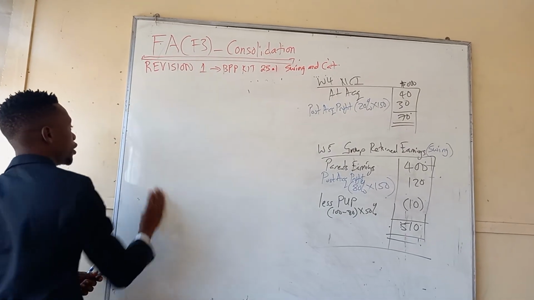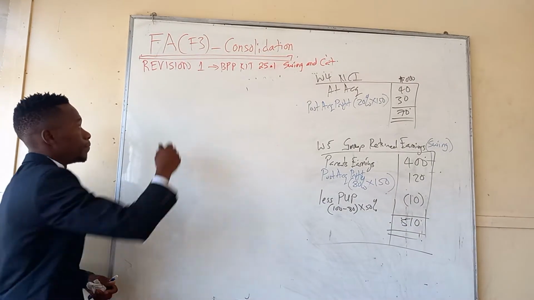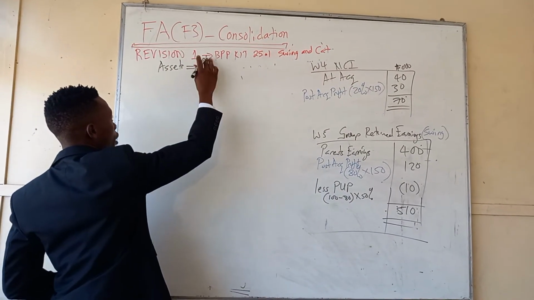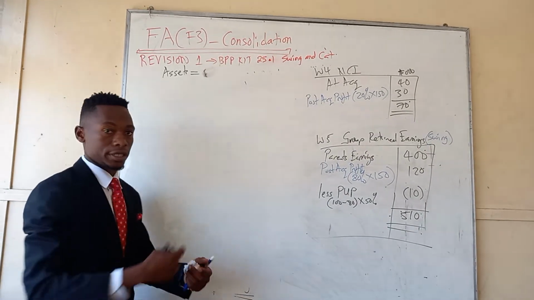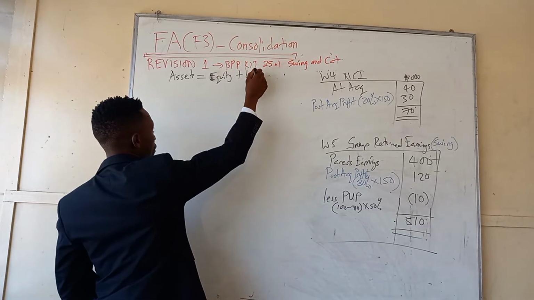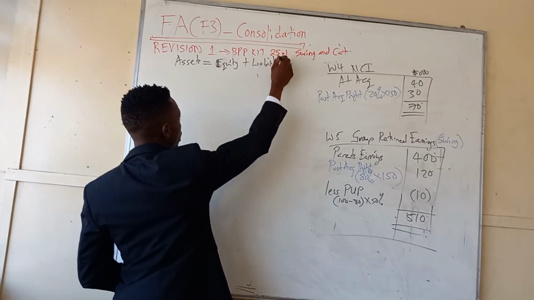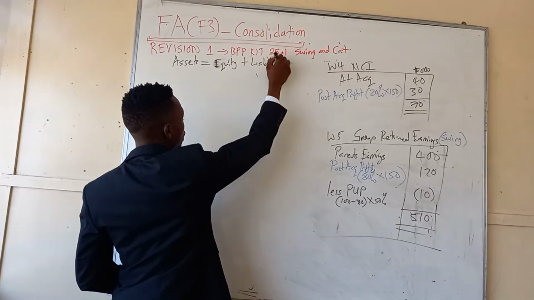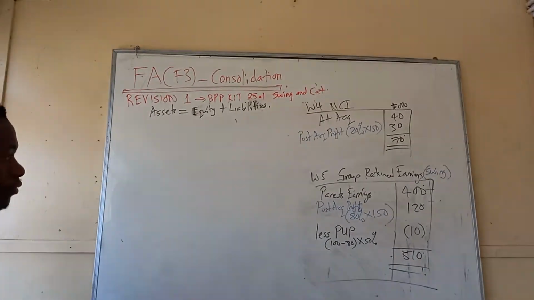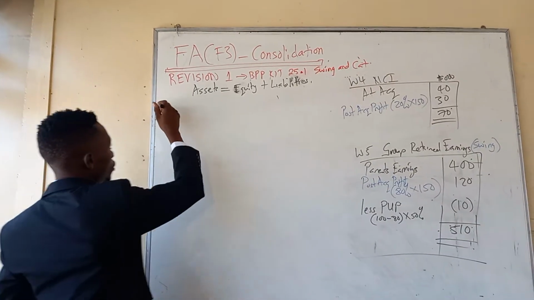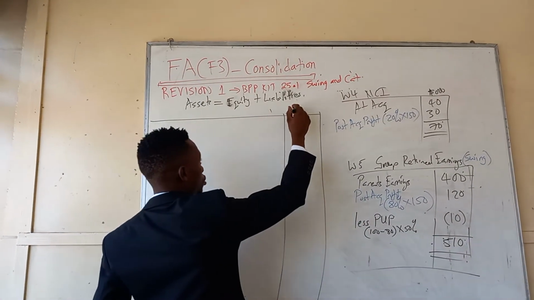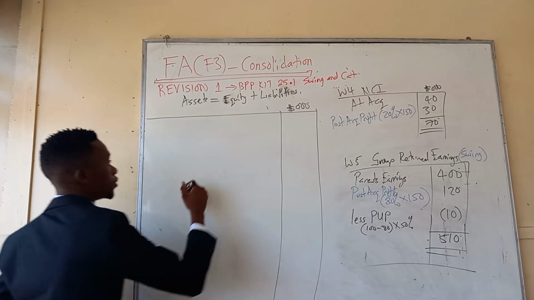From the primary school learning, you say that assets is equal to capital plus liability. So now we call it the equity plus liability. So we are saying that the left hand side is to equal the right hand side. Okay? So the consolidated statement of financial position.